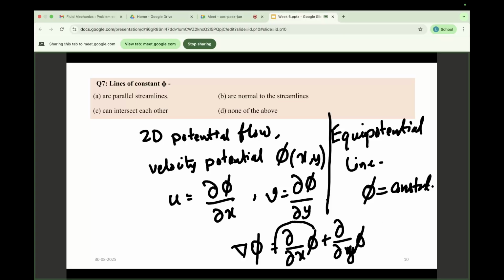So basically if I take this thing, that means it's a slope, right? So this indicates the slope, and specifically the normal slope, the slope to this constant.